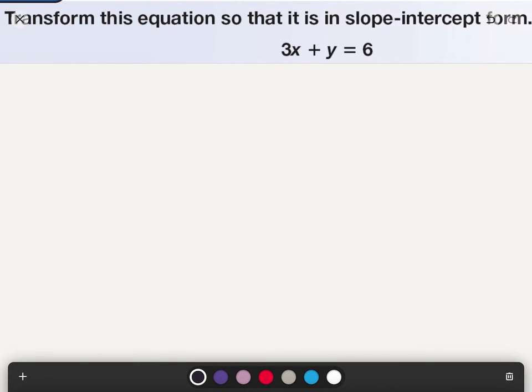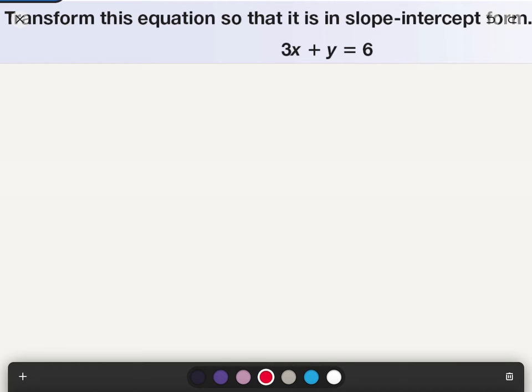Okay, so example number 1 is transform this equation so that it is in slope-intercept form. What they're talking about with slope-intercept form is essentially where it intercepts the y-axis, that runs through the y-axis.